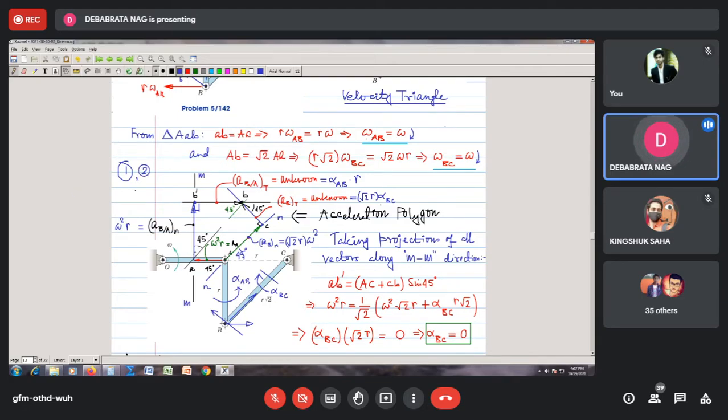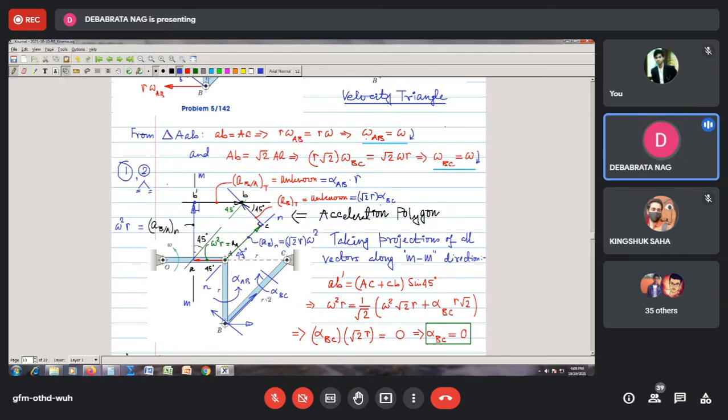Now, take the two directions which are perpendicular to those two unknown vectors. Say in this case, this was an unknown vector, so I take this direction, which is perpendicular to it. And this vector was another unknown, so I take another direction, which is perpendicular to it. Identify these two perpendicular directions. Now, take the components of all the vectors in these two directions separately.